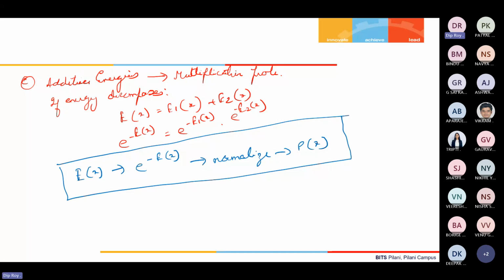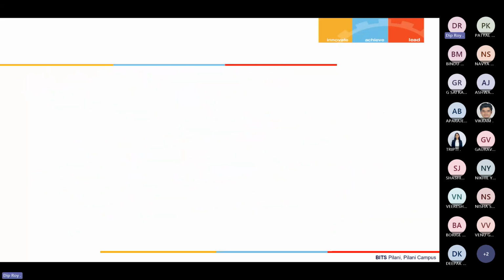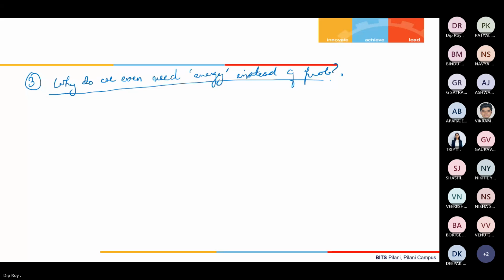Okay. Now, the key thing to note here is that this is point number 2. The point number 3 here is the question that we need to ask: why do we even need energy instead of probability? Key question. What are the two things that energy and probability answer?